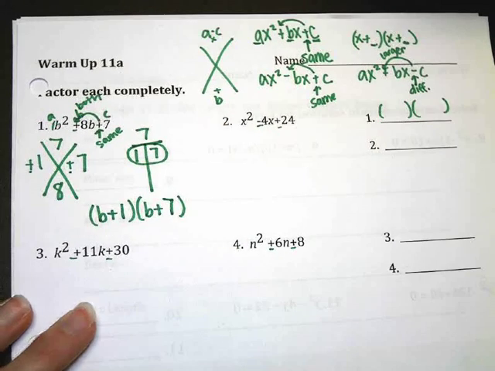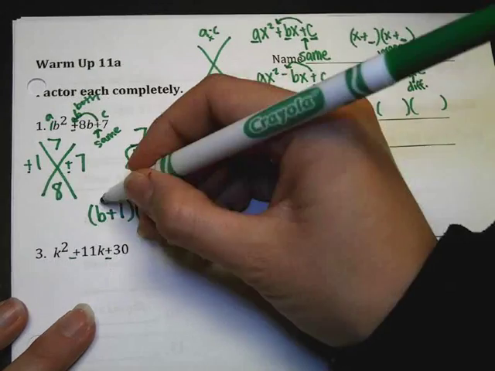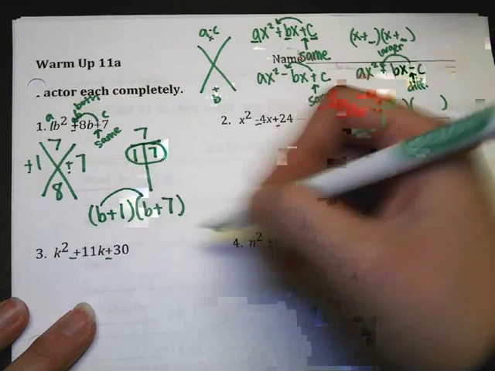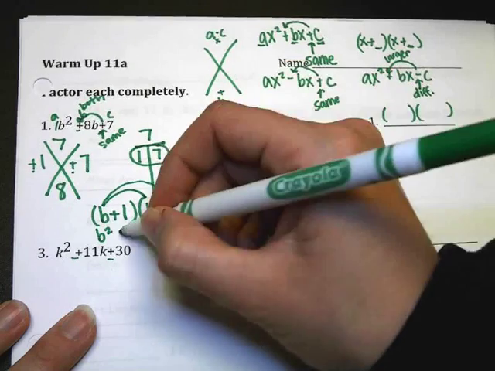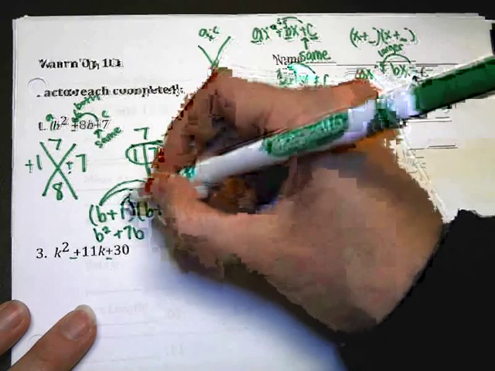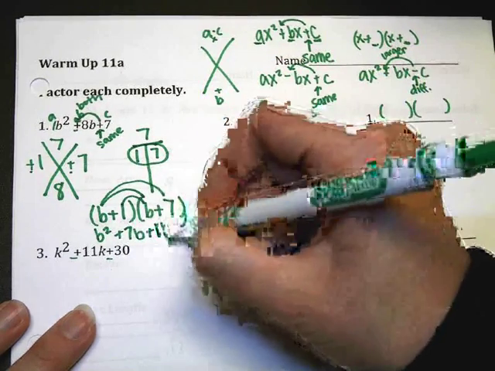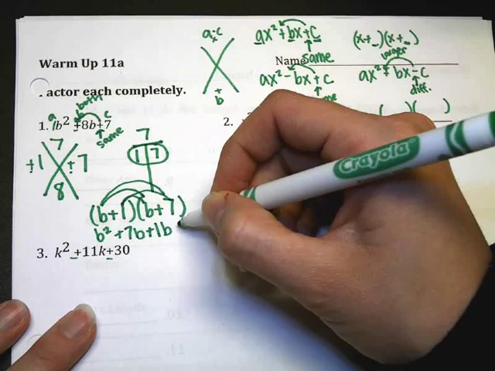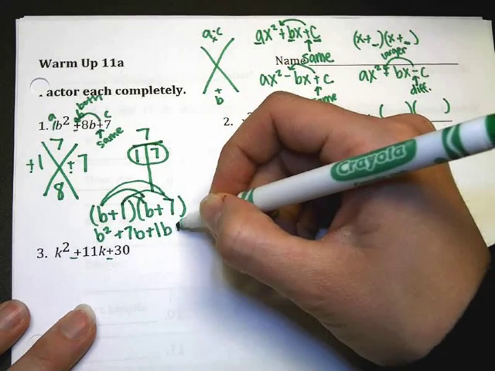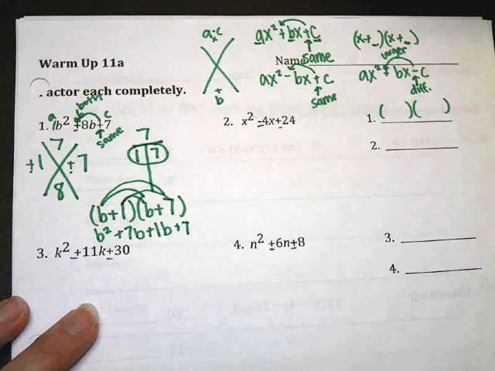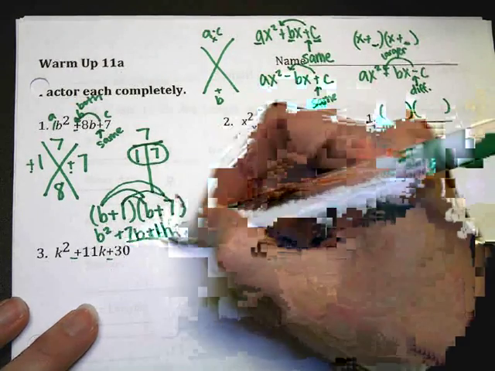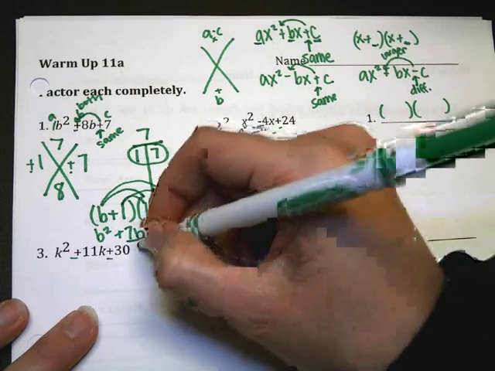You can double check your work by foiling your answer. First times the first, b times b is b squared. b times 7 is 7b. b times 1 is 1b. And 1 times 7 is 7. From there, you want to add 7b plus 1b is 8b.